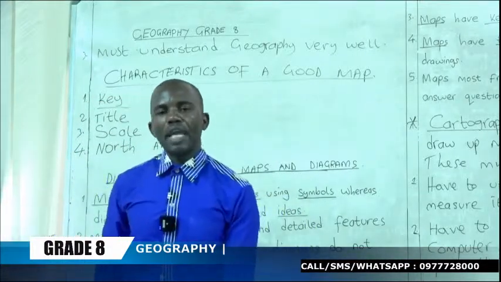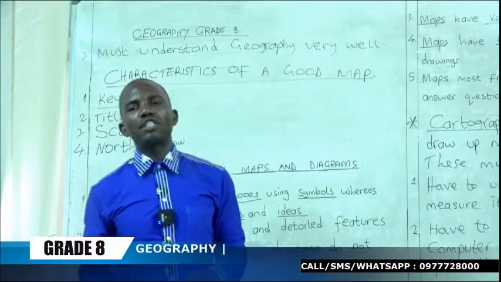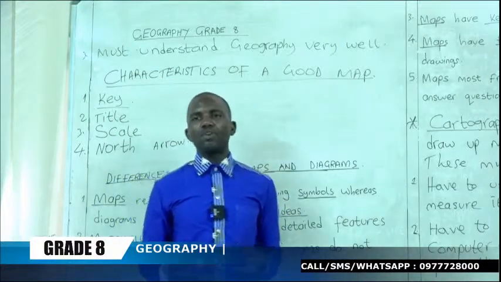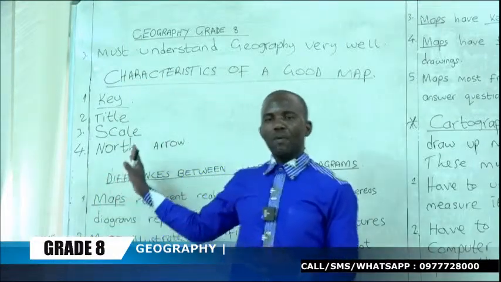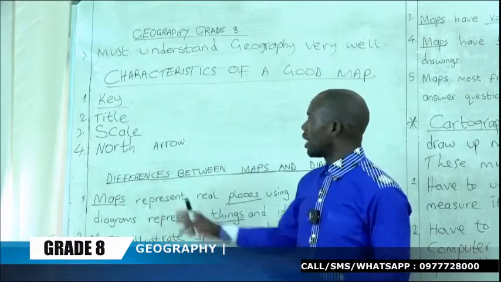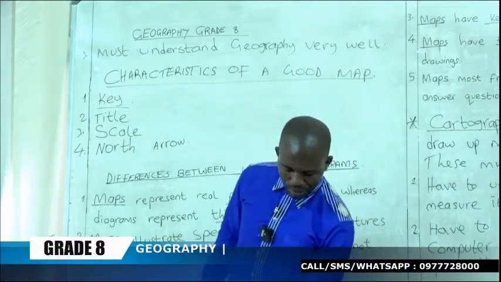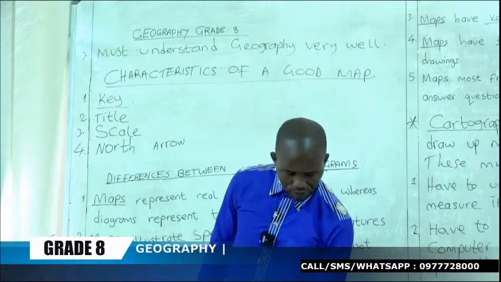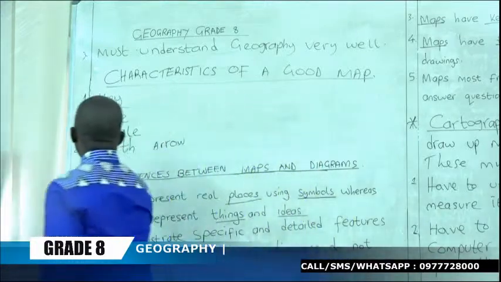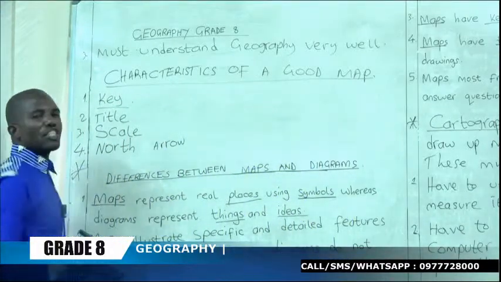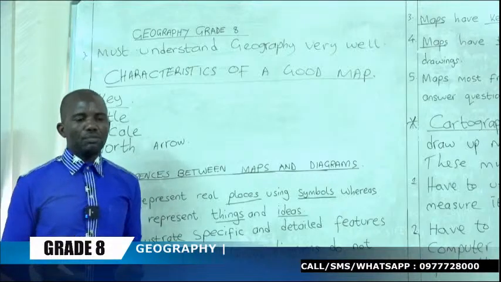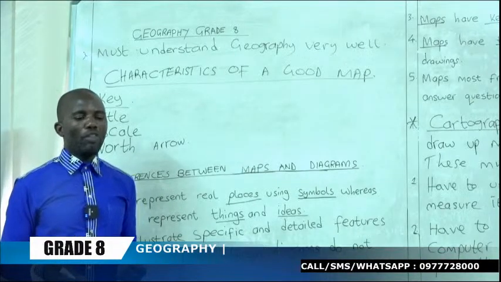Maps also avoid things which are not very important to be drawn whenever we are drawing the maps. What am I talking about? Things which are not necessary on the maps, such as the following. I will give you a clear picture. If something is not permanent, it shouldn't be included on the map.